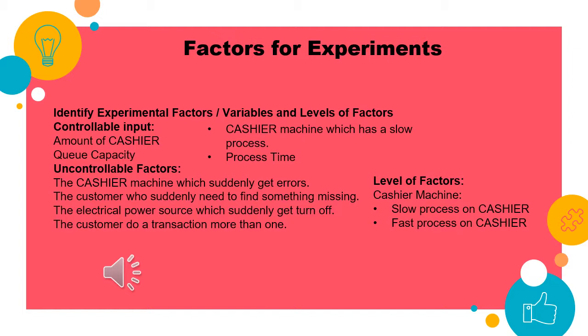And in uncontrollable factor, we have the cashier machine which suddenly gets error, so the customer will suddenly need to find something missing, the electrical power source will suddenly get turned off, and the last is the customer does a transaction more than once. And for the level of factor, cashier machine, the first is slow process on cashier and the second is fast response on cashier.